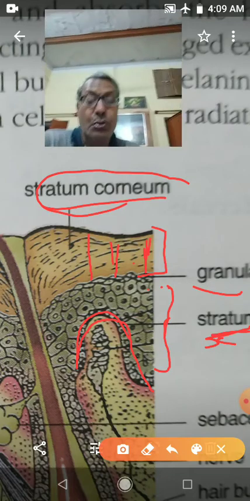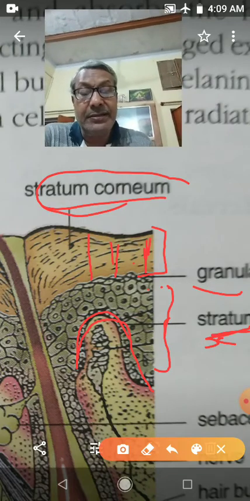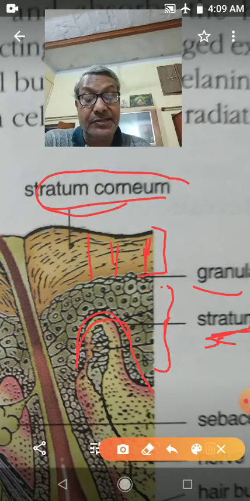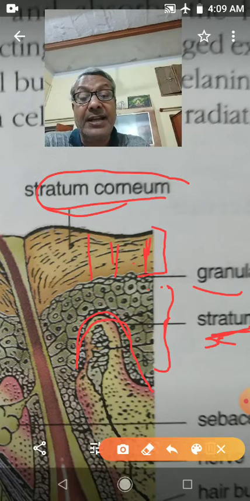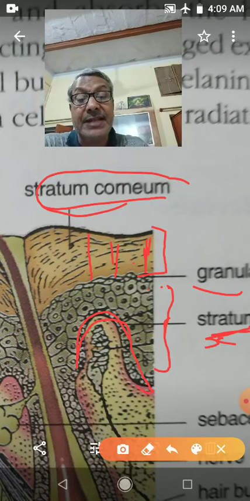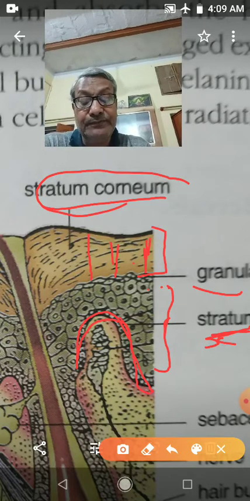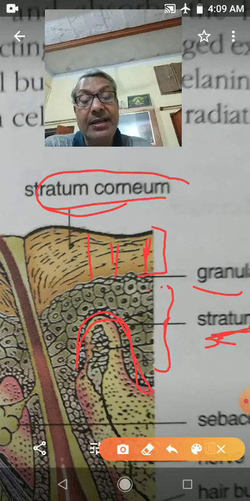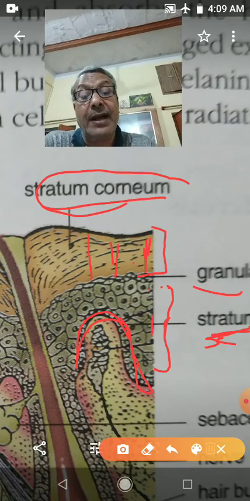It is also known as germinative layer. It is the innermost layer of epidermis. The cells of this layer are very active. These cells divide and produce new cells, and the new cells shift upward.